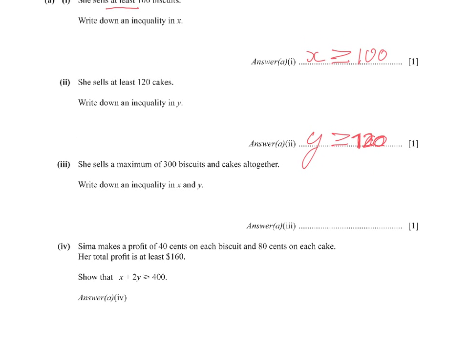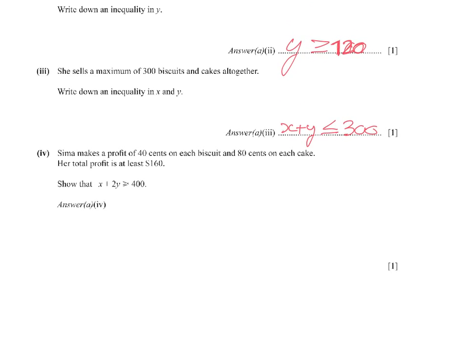Then, she sells a maximum of 300 biscuits and cakes altogether. Write down an inequality in X and Y. So the sum of the biscuits and cakes is a maximum of 300. So X plus Y is smaller or equal to 300. That's an inequality. There you go, 3 points for not a lot of work.